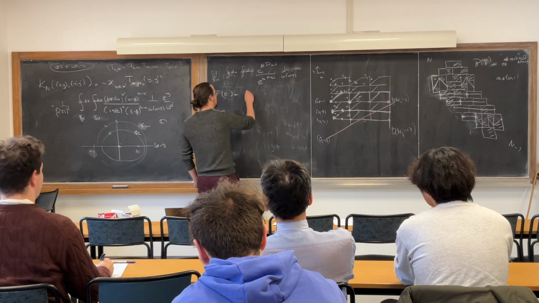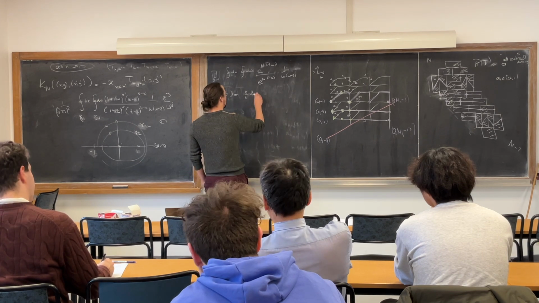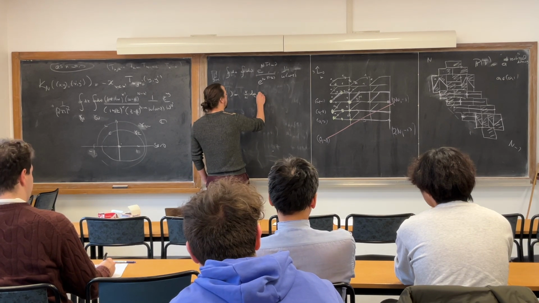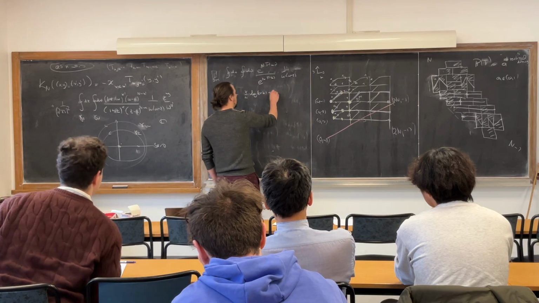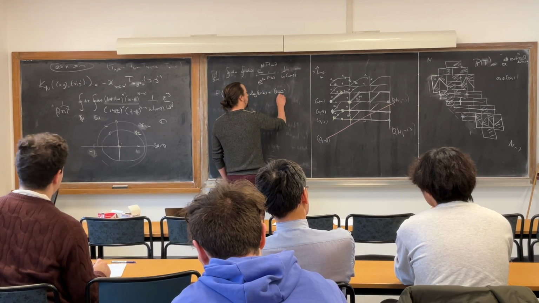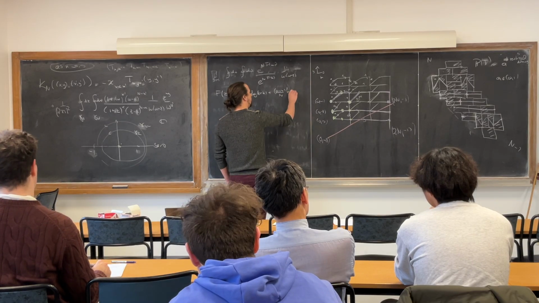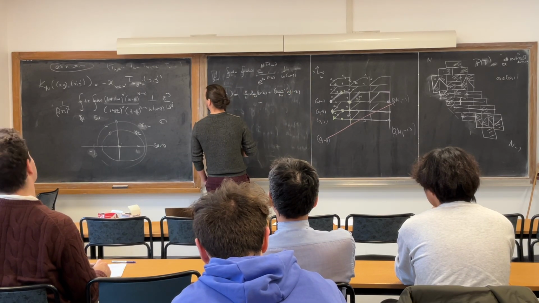Well, we get x over n times the log of 1 plus z. We get plus n minus x divided by n times the log of 1 minus z, minus, what do we get here?